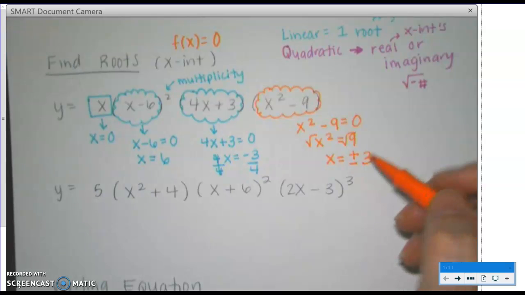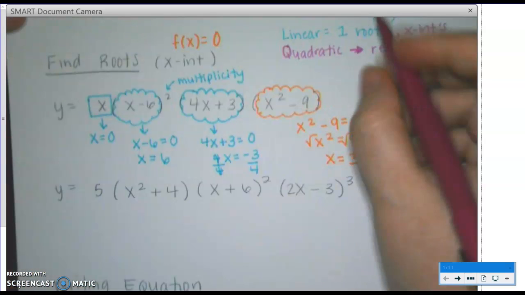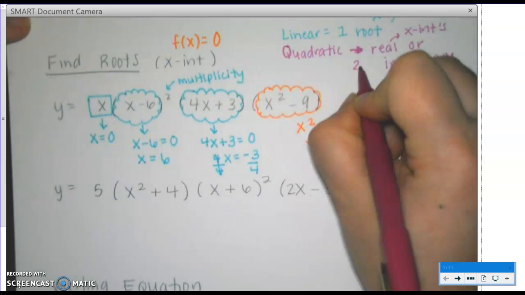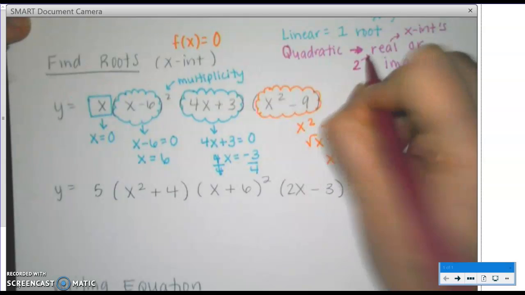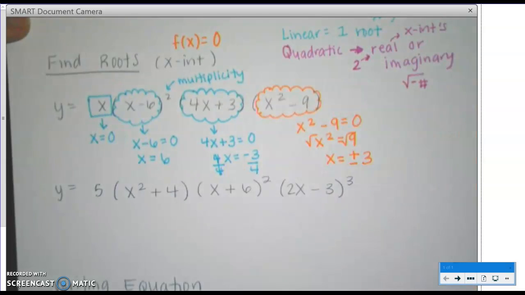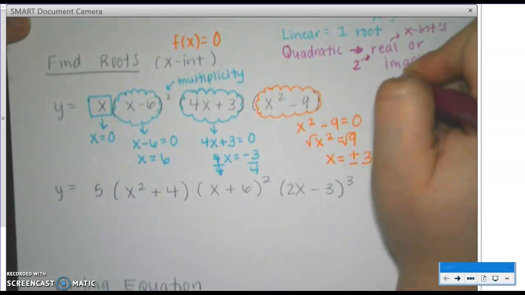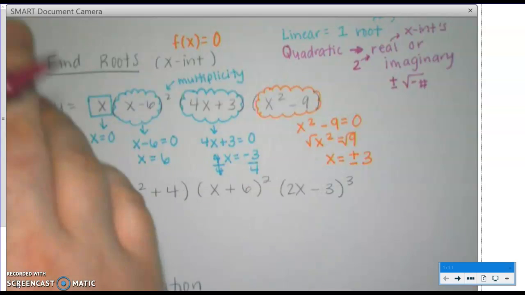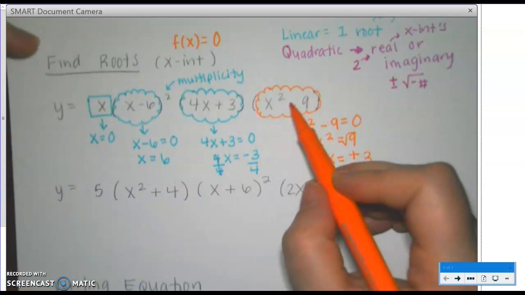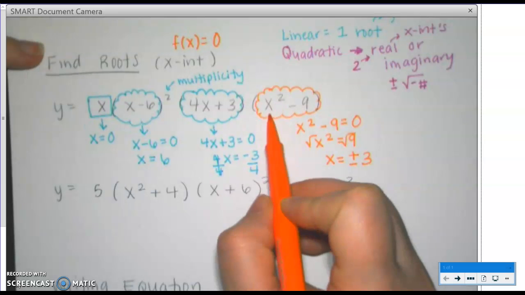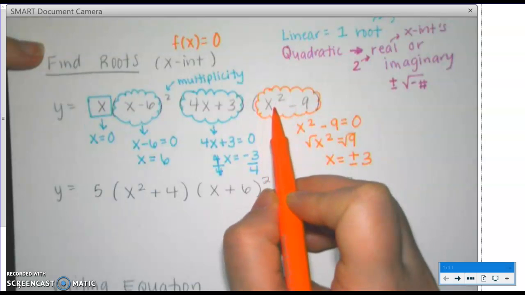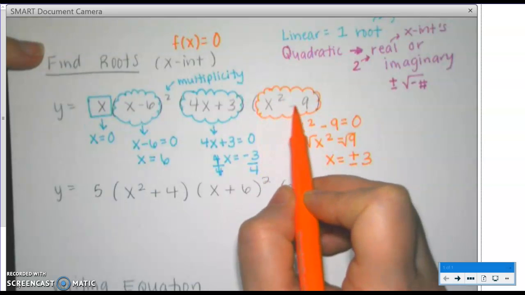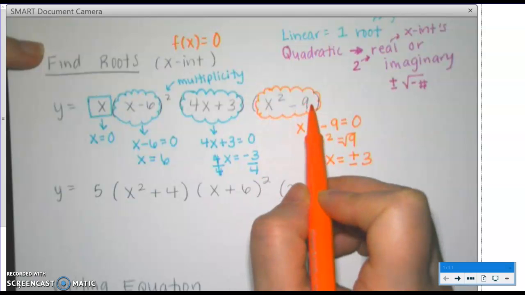So that's another thing that you have to consider. Let me go ahead and add this up here. That's going to give us 2 real roots. Whenever you take the square root, it's the positive and the negative, so you just have to make sure you remember that. The other thing you could do is recognize this as a difference of 2 perfect squares.